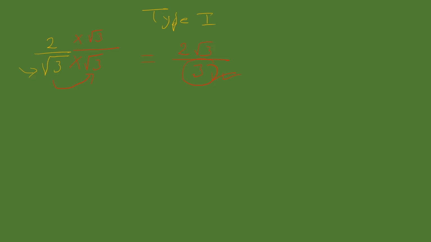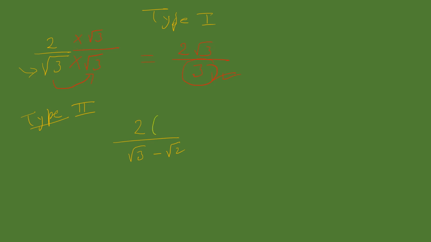Now let me take example number 2, type 2. In this type 2, we get denominators with more than one irrational number. Suppose I am getting under root 3 minus under root 2. In this case, we multiply with the conjugate in the numerator as well as the denominator.